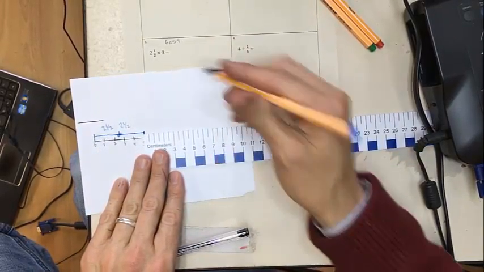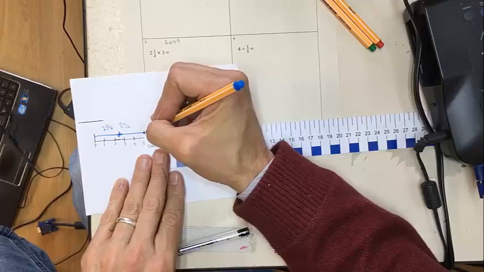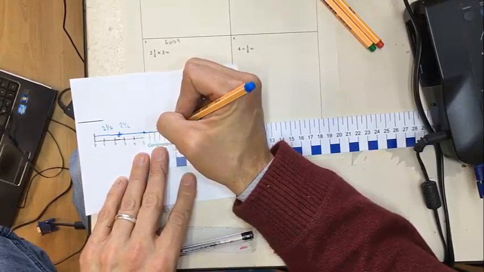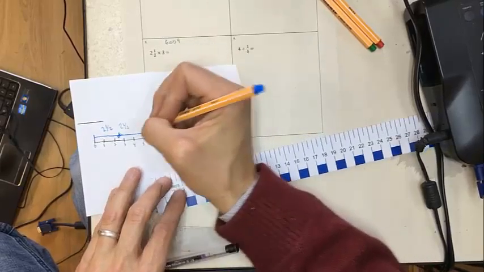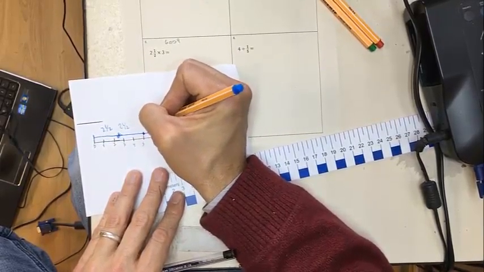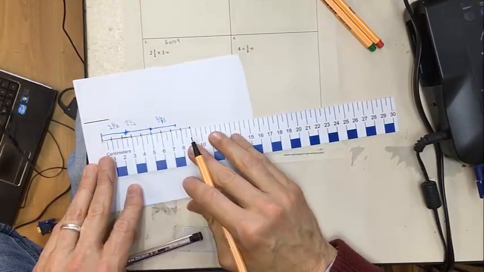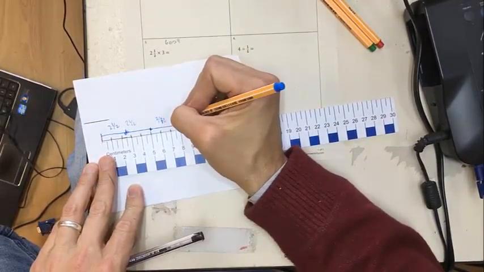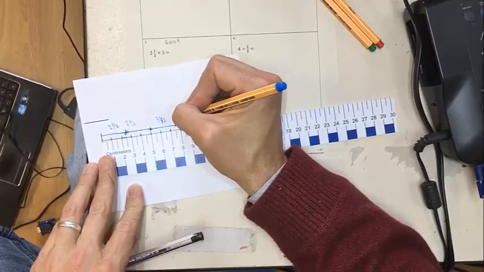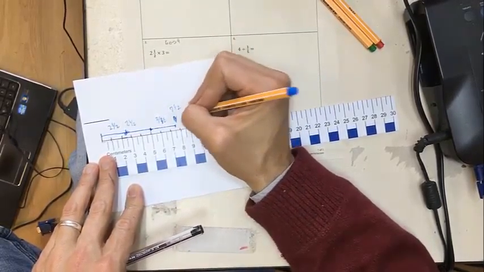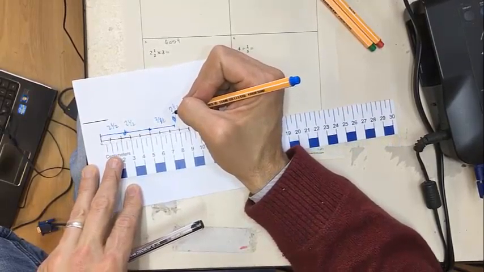And then I want another 2.5, which is here. So this was 2.5 as well. So if we look at the original number line, that is right at 7 and 1/2. We could also look at that as 15 halves.